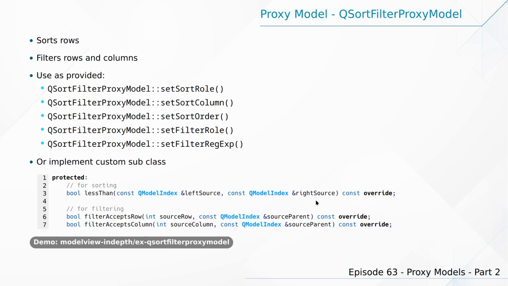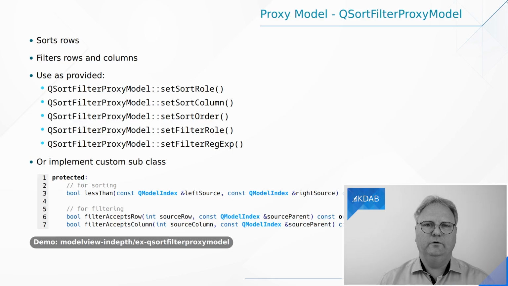and it will compare these two and tell whether the one from left is less than the one from the right. An example of that is that if you have, for example, instances of something that is not just strings that you want to compare, so your model might be returning you instances of a class called money, and that money has its own operator less than, then you can check whether that is actually a money instance and use that instead of just converting it to a string and comparing two strings.